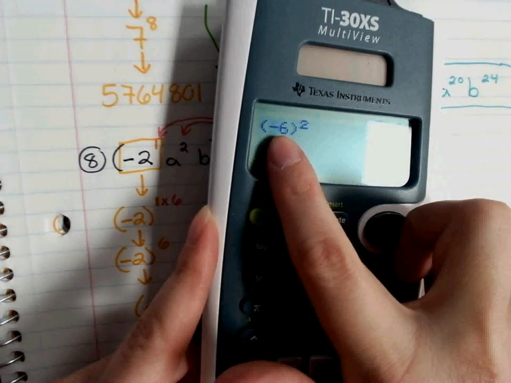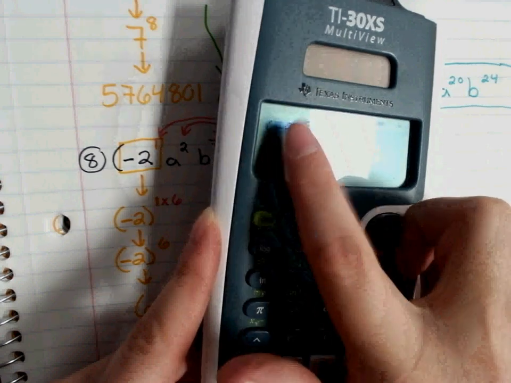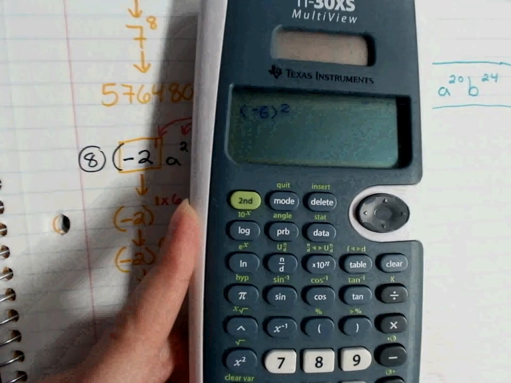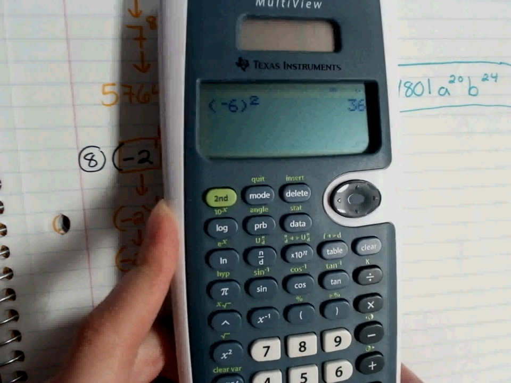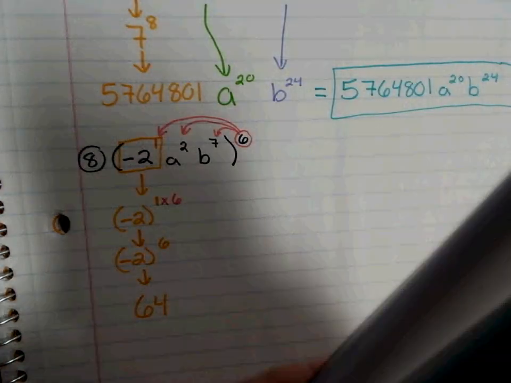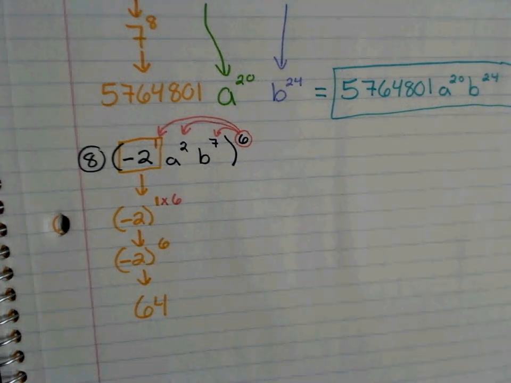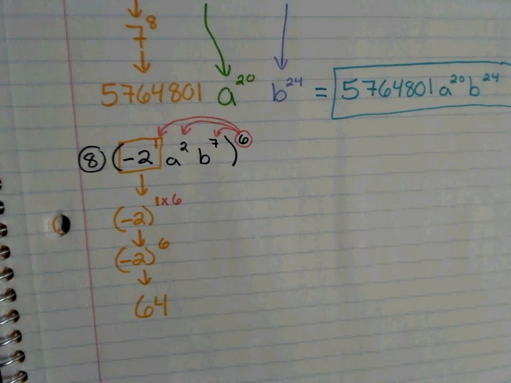Once you hit clear, it's going to show you where the error is. See how it's flashing over that minus sign? It's letting you know, hey, you can't put that minus sign, it has to be a negative sign instead. Then you hit enter and it'll give you the proper answer. You cannot use that subtraction sign. Those of you who think that you can, I don't know how you're getting away with it, unless you're doing 0 minus 6 to get a negative, which is fruitless.